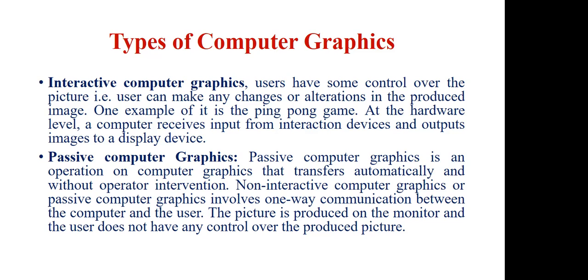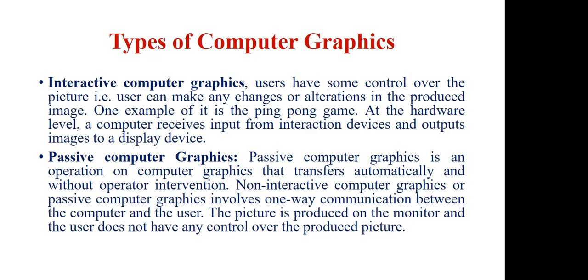One example of it is the ping pong game. At the hardware level, a computer receives input from the interaction devices and outputs images to a display device. So the user participates and can change something, thereby interacting. Computer graphics are changing dynamically by the participation of the user.